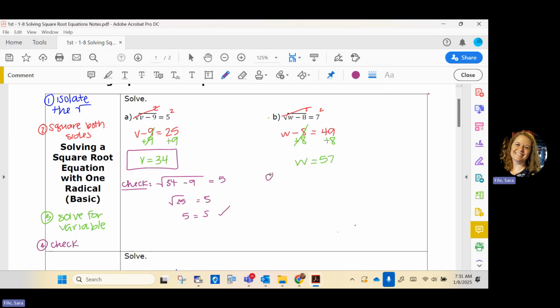I'm going to check that. 57 minus 8 is 49. The square root of 49 is indeed 7. So 57 is our solution.